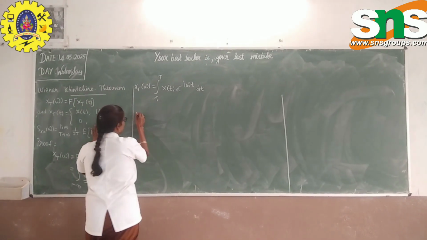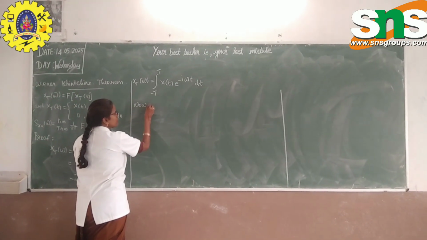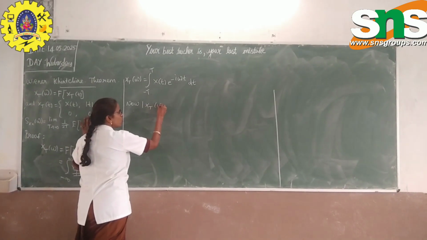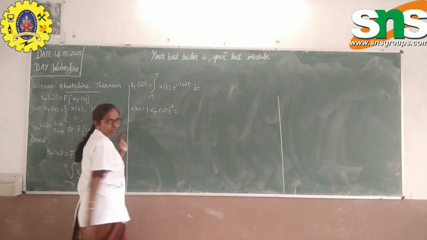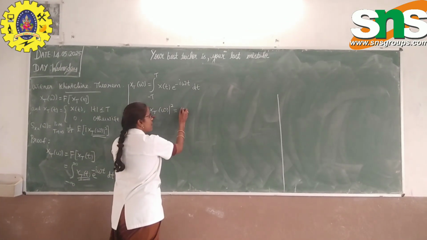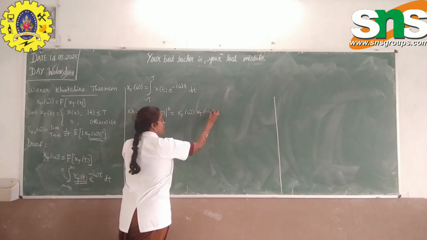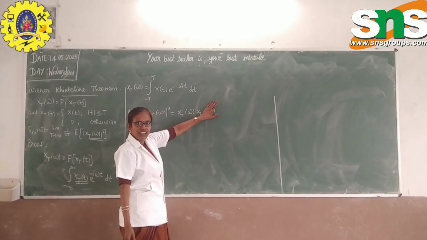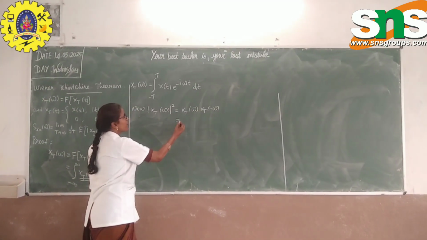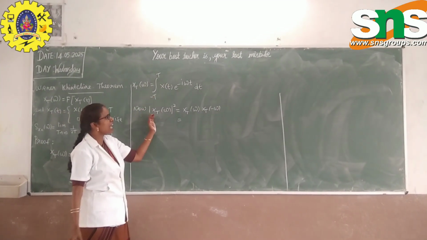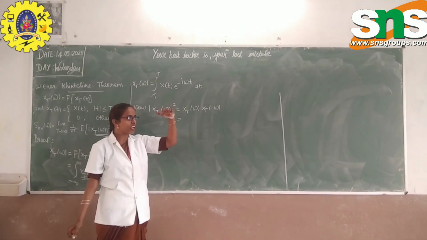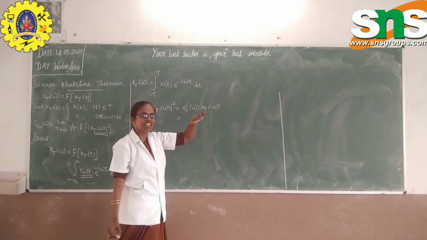The next thing is we take the modulus of X_T of omega, whole squared, which is nothing but X_T of omega times X_T of minus omega, that is the conjugate. Since we have two terms, we take the variable as t1 and t2.